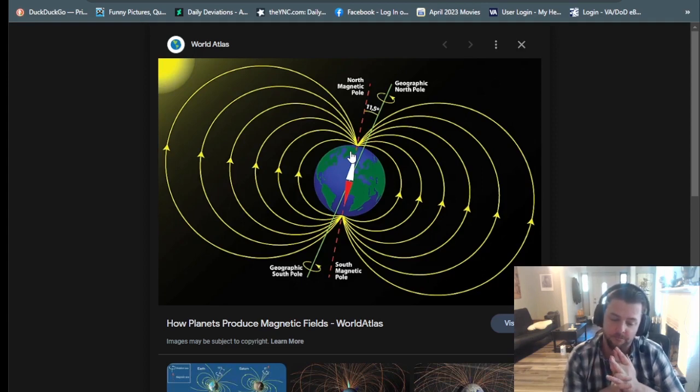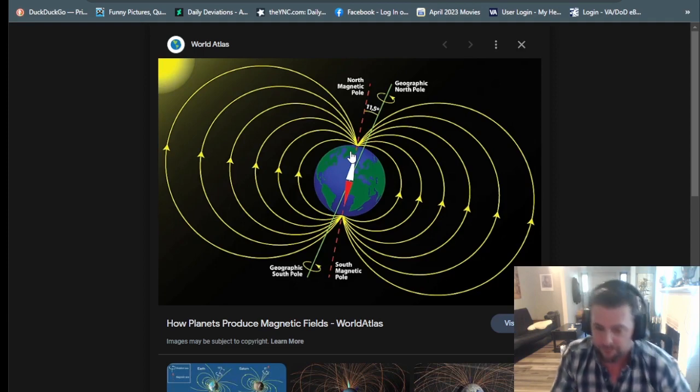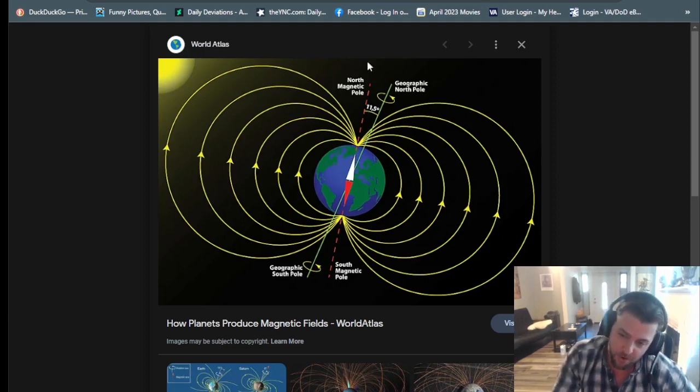It appears that gravimetric fields are what spaceship technology kind of runs on. Not a gravity field, but a gravimetric field, FYI.